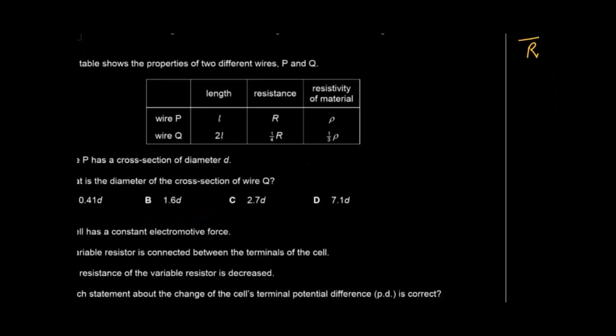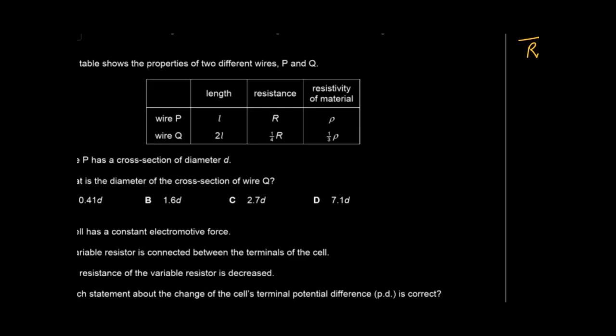So there are two wires P and Q. The details of P and Q are given. We have to find the cross sectional diameter of wire Q, where the cross sectional diameter of wire P is given.